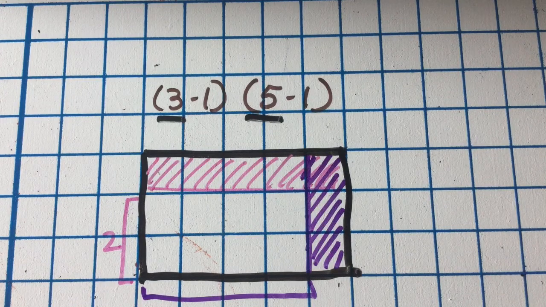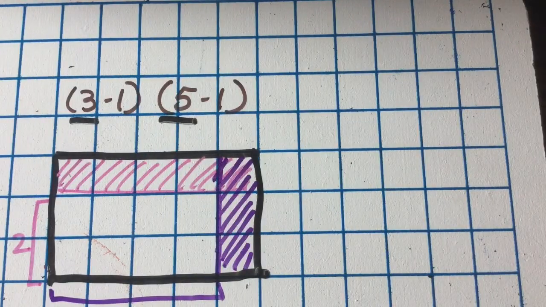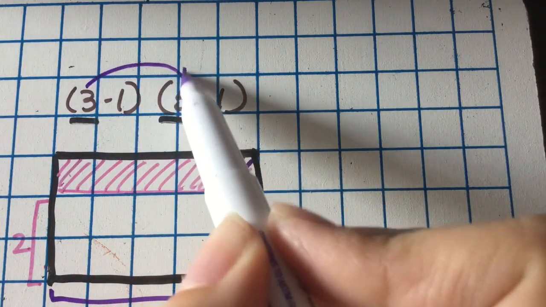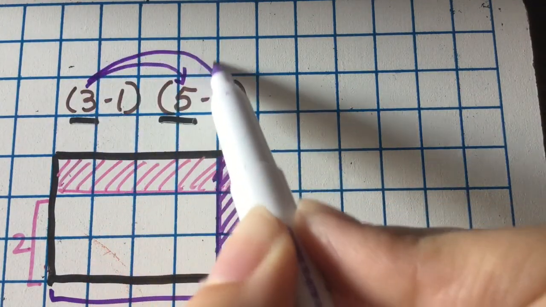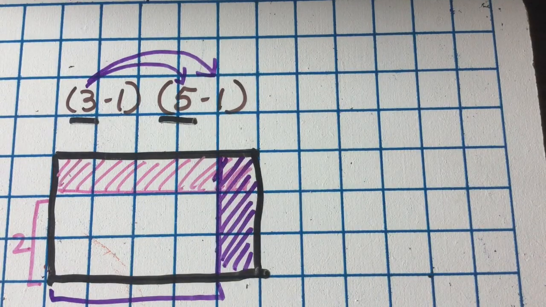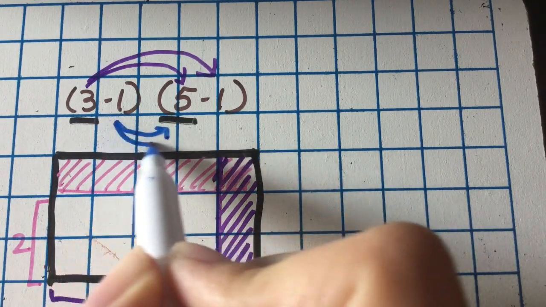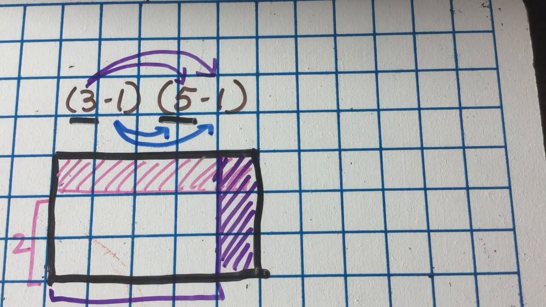If I were to distribute that out, I would take and distribute 3 to the 5, and 3 to the negative 1, and then negative 1 to the 5, and negative 1 to the negative 1.